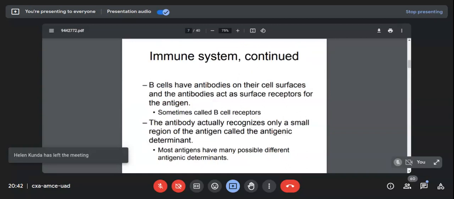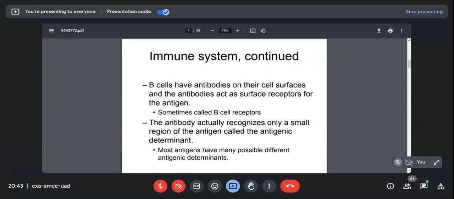So you discover that the antibody recognizes only a small region of the antigen. And that same small region of the antigen, this is usually a possible MCQ question, so take note of that.